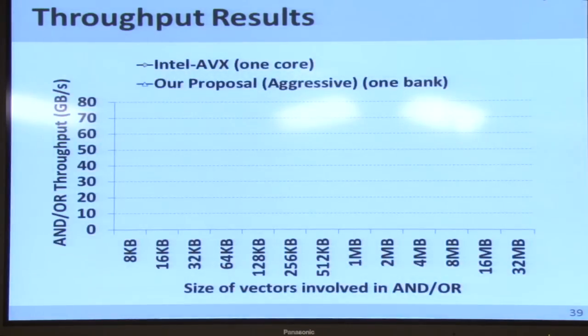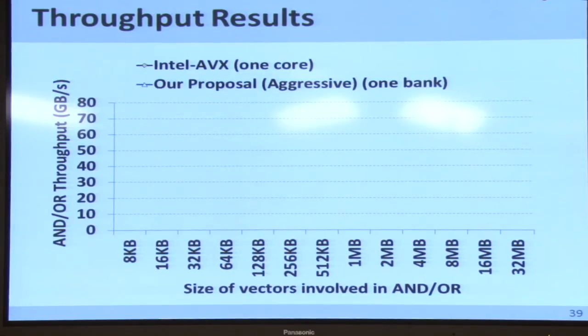We compared the throughput that we can get through this mechanism to what you may get through, let's say, Intel AVX. Today, on an Intel processor, the best you can do is use the SIMD instructions to perform bitwise AND or OR operations with very high throughput. We created a micro benchmark that takes 2 vectors of a specific size, performs a bitwise AND on them over and over again, and stores the result in a 3rd vector.